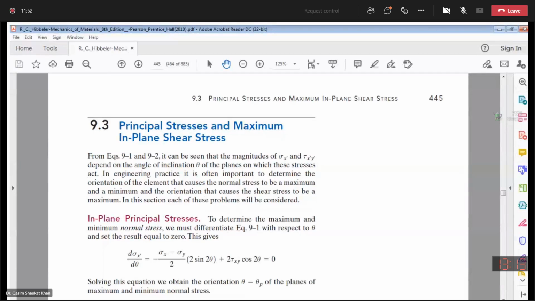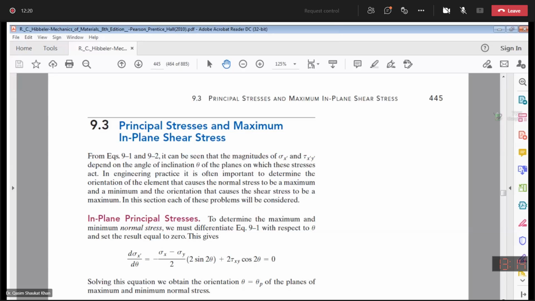If you recall, we said that to calculate the orientation of the principal planes, we first take the derivative of equation 1 with respect to theta. Equation 1 is our equation for the transformation of the normal stresses about the x dash axis.